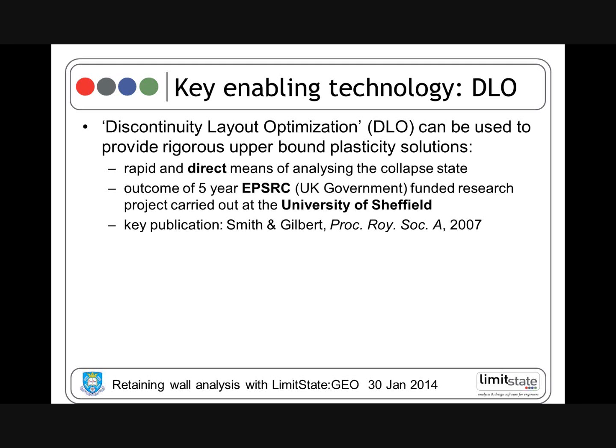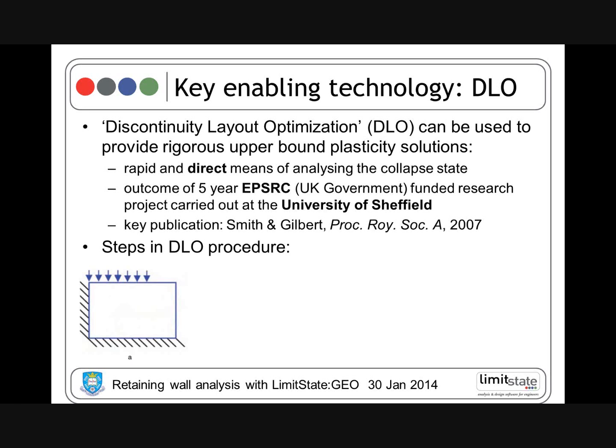It came out of a 5-year EPSRC funded research project at Sheffield, and the initial method was published in the Proceedings of the Royal Society in 2007. There have been a significant number of publications since then. But it's very neat in that the essence of the method can be summarized in 4 simple diagrams.